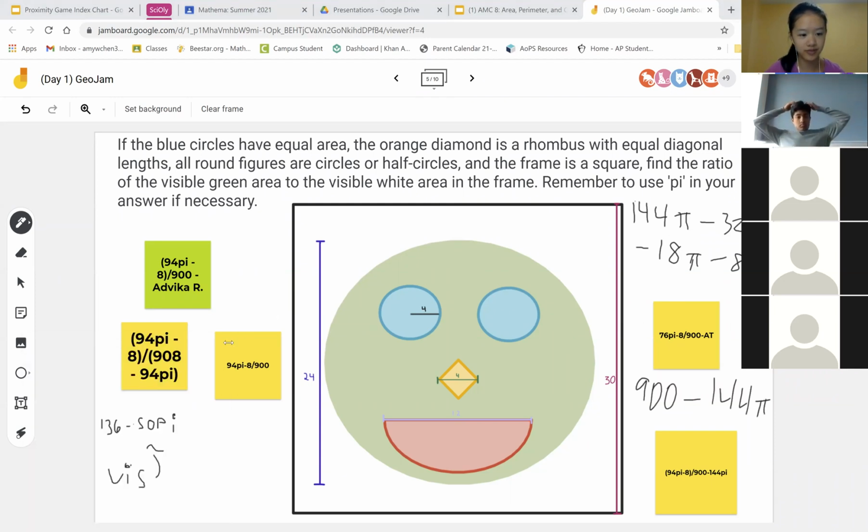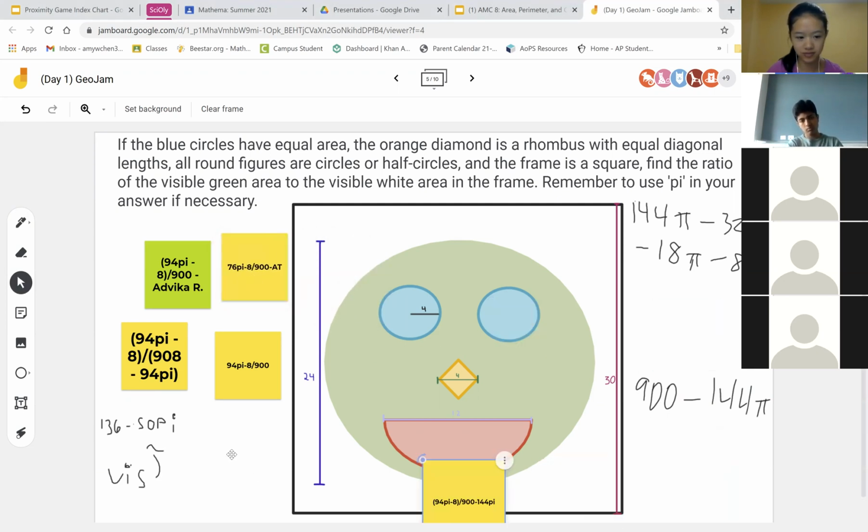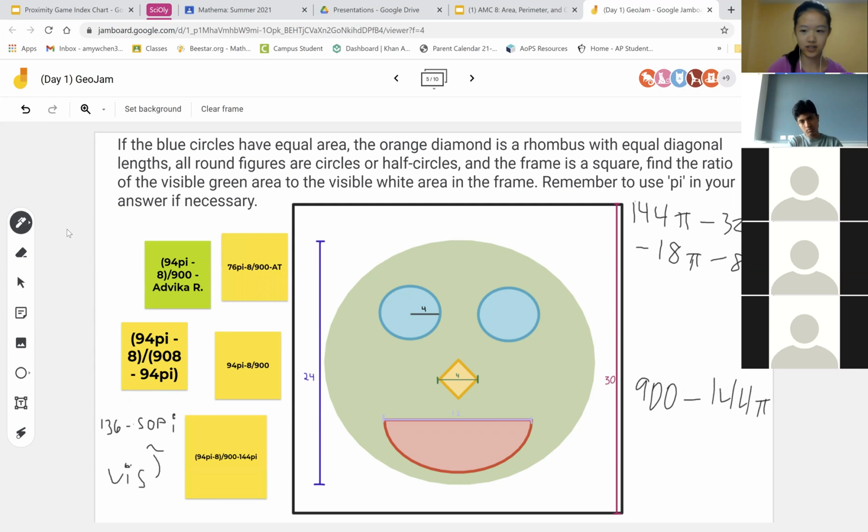And then you would do the answer to the top equation over 900 minus 144 pi. I think that's 94 pi minus 8 over 900 minus 144 pi. Obviously this could be simplified, but I'm not going to do that right now. Can the pi be canceled? No, it would just stay there. Yeah, great job.